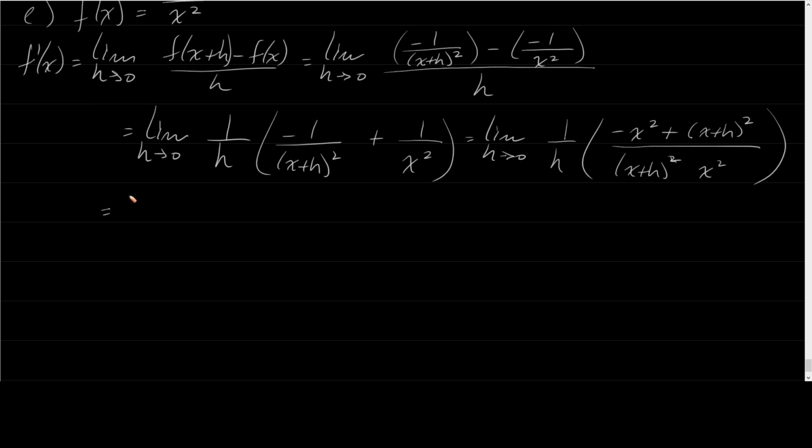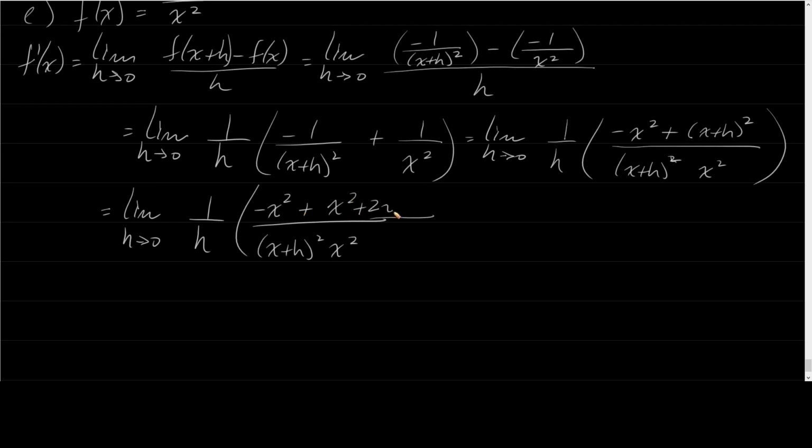Expanding that numerator, I end up with the limit as h goes to 0 of 1 over h times, well, my denominator, again, was just (x plus h) squared times x squared. My numerator, that -x squared stays the same, plus, if I expand this (x plus h) squared, I end up with x squared plus 2xh plus h squared.